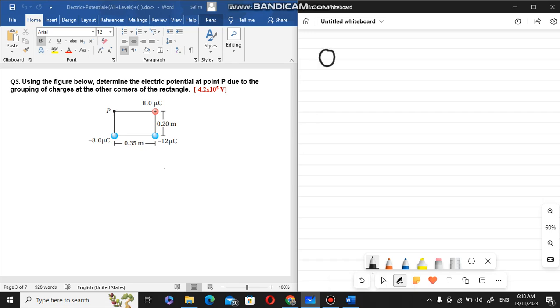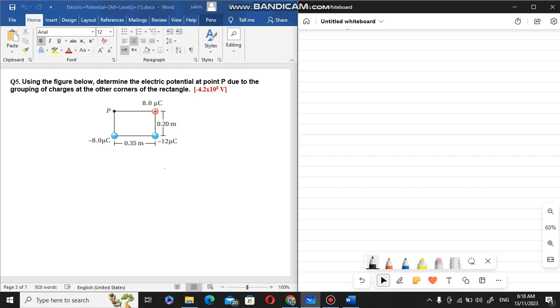So this is a point charge, which is Q. This is any point P that we need to find electric potential on, and they are separated by a distance of R. So we say that voltage at point P is equal to K times Q over R. Here we take the sign of Q, since it's a scalar, and we need to check whether that point has higher potential or lower potential. So in this example we will do the following.